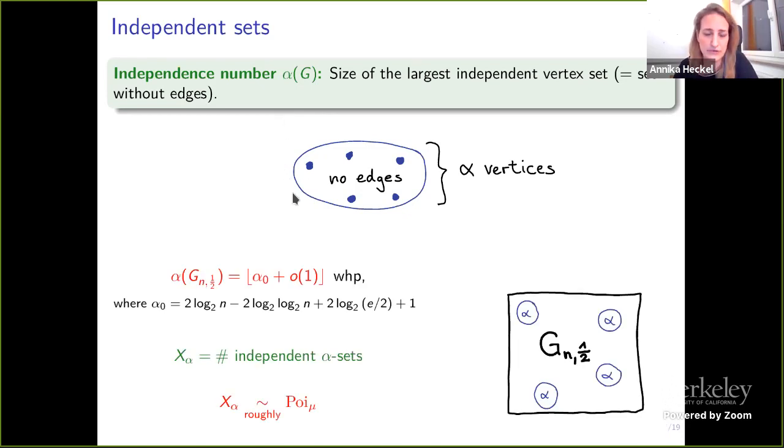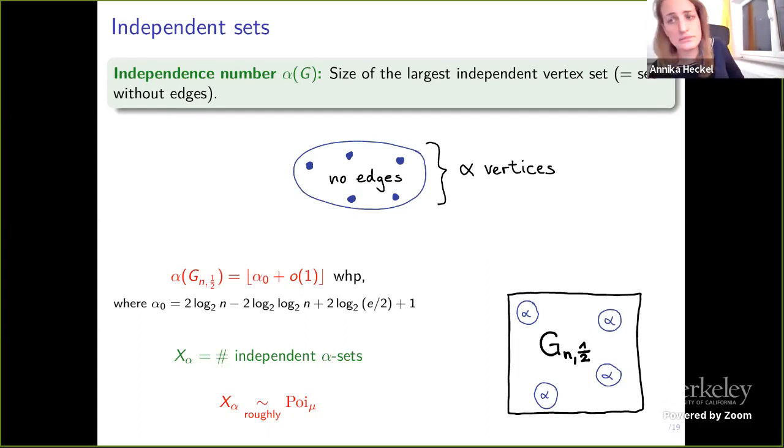So for G(n,1/2), again, we basically know what the independence number is. The independence number of G(n,1/2) is basically exactly given by some function, alpha 0, which you don't have to remember, but it's some function of order log n. And if you round it down to the nearest integer below it, you basically get the independence number of G(n,1/2) with high probability.